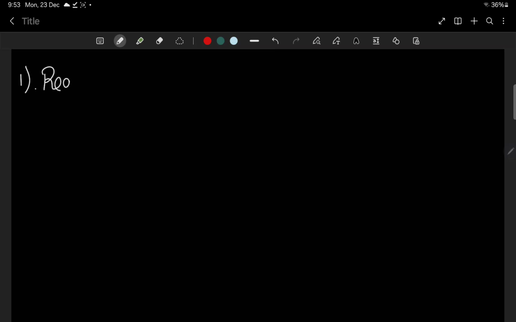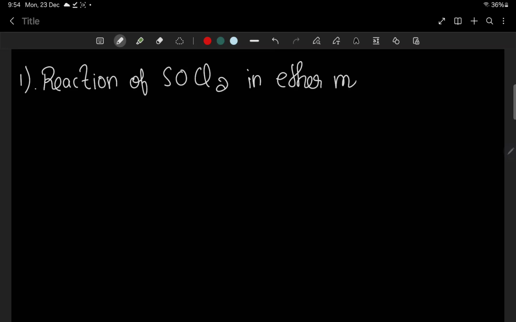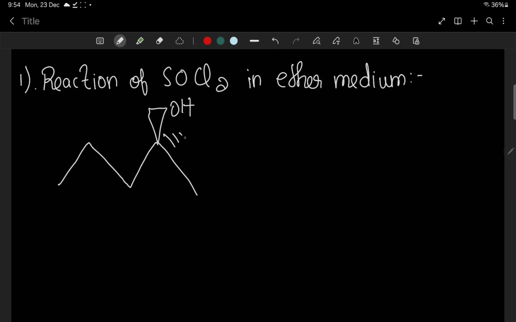So the reaction of SOCl2 in ether medium. How can I perform the reaction of SOCl2 in ether medium? Look, this is an alcohol.